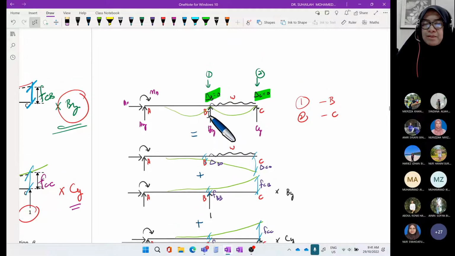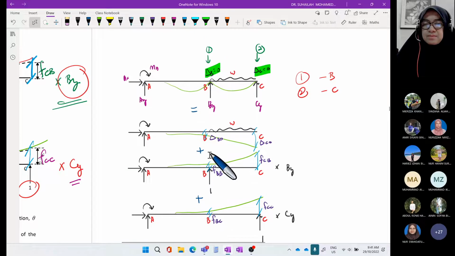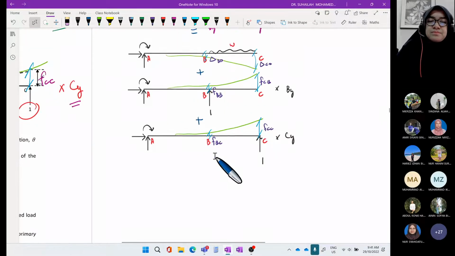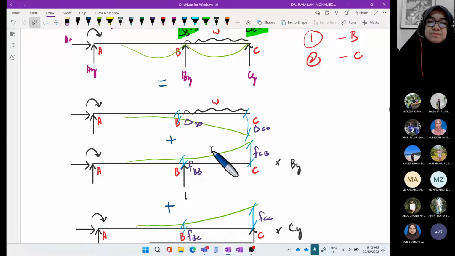Can you write the first equation starting from delta B naught? Start from delta B naught, we plus with what?